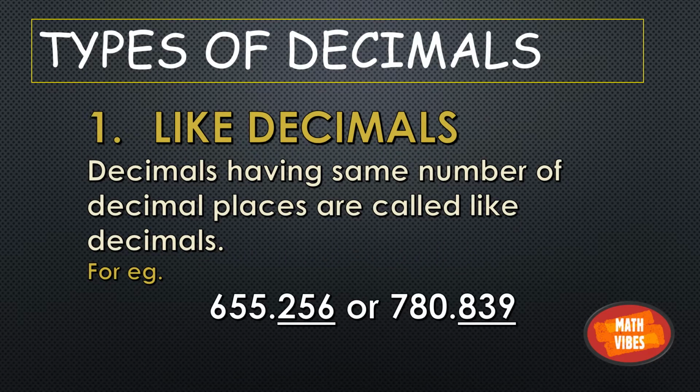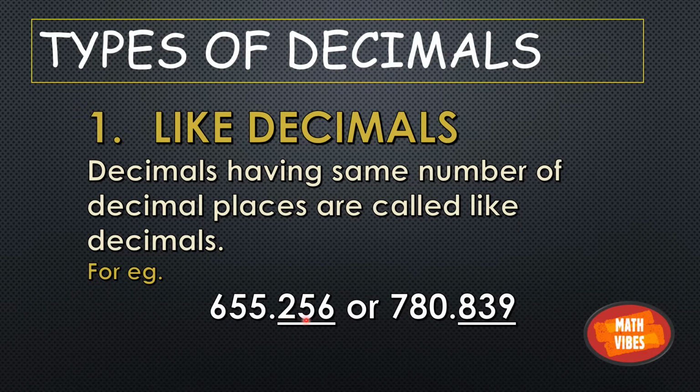So what are like decimals? Well, the decimals having the same number of decimal places are called like decimals, in the decimal part. Now in the part 1 video you have already learned that a decimal has two parts, so we will not go into that detail now. For that you can go and check part 1. So, decimals having the same number of decimal places.